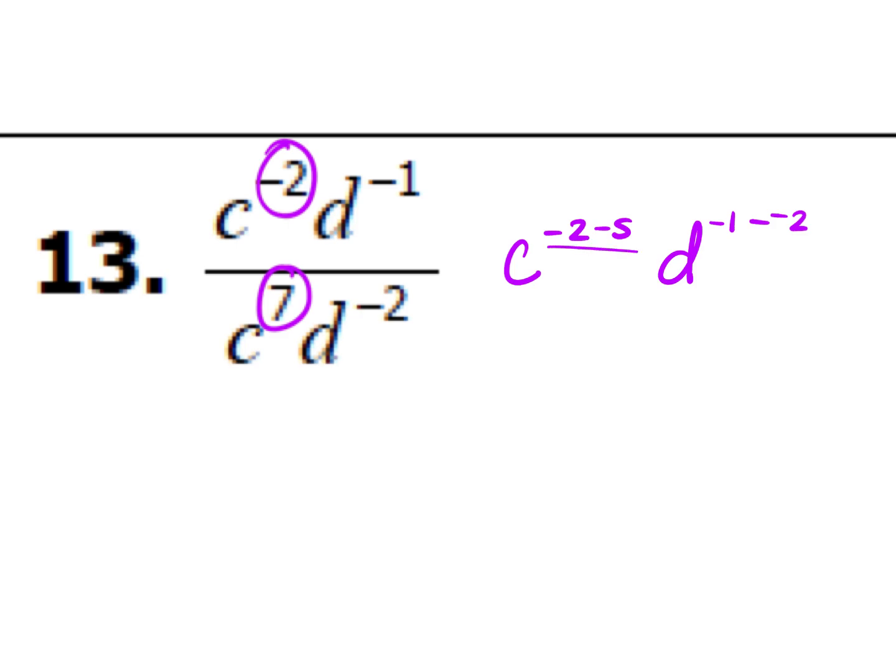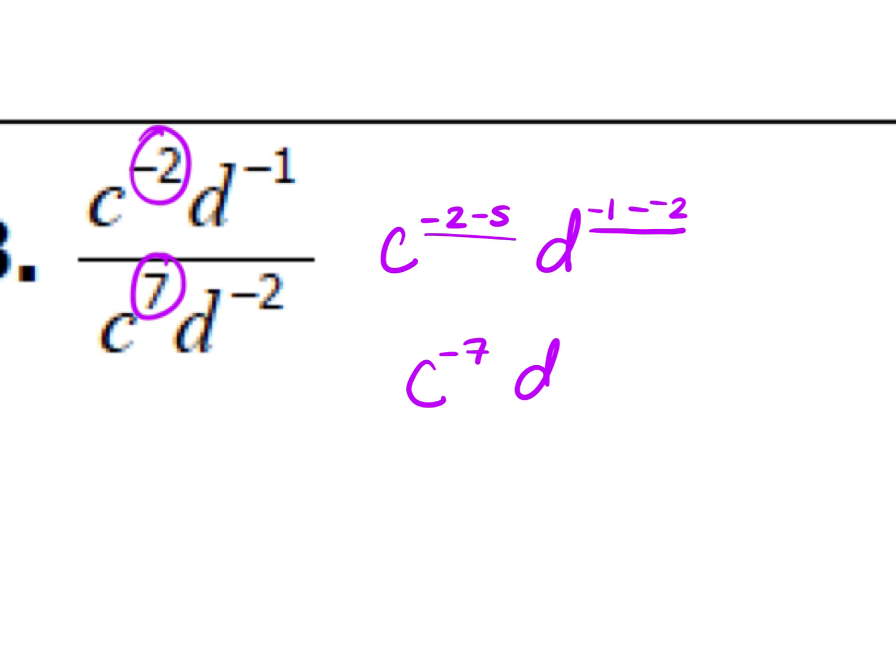What's -2 minus 5? -7, right? So it's C to the -7. What's -1 minus -2? Not -3. Plus the positive. So -1 plus 2 is a 1.